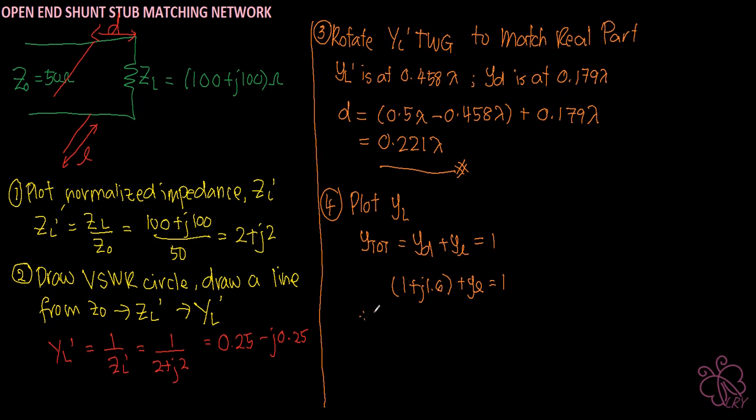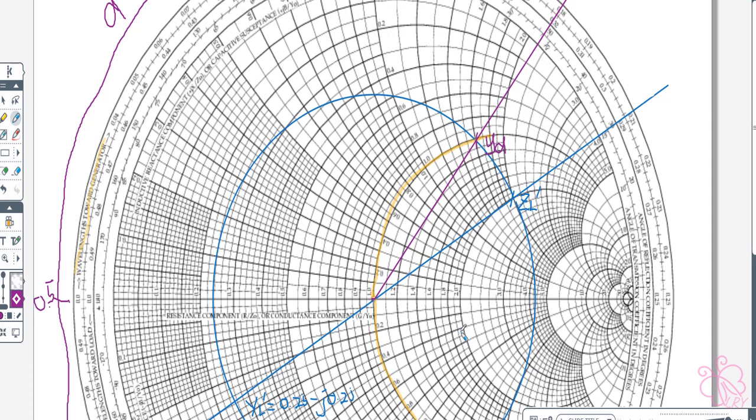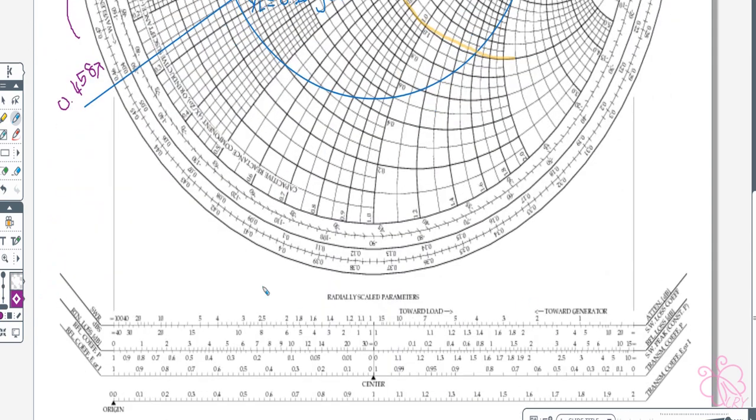So YL equals 1 minus (1 plus j1.6). So you will get minus j1.6.